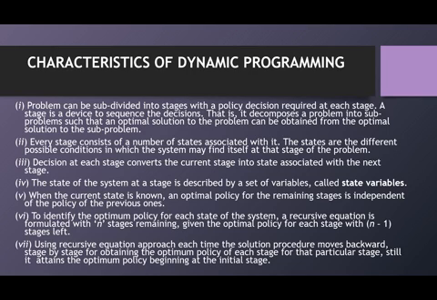Coming to the seventh characteristic: using the recursive equation approach, each time the solution procedure moves backward stage by stage, obtaining the optimum policy of each stage, until it attains the optimal policy beginning at the initial stage.